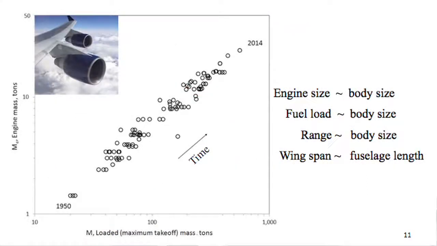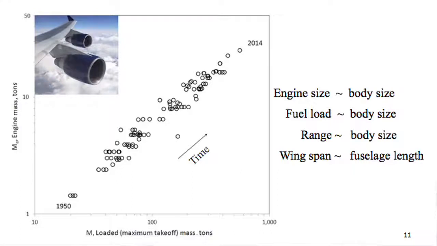And again, from the principle, you anticipate, you predict what I just showed you, but also everything about the moving animal, meaning the aircraft. Look at this. The engine size is 1/10 of the total size of the airplane. From the beginning, 1950, to, these are jet engines plotted, until today.